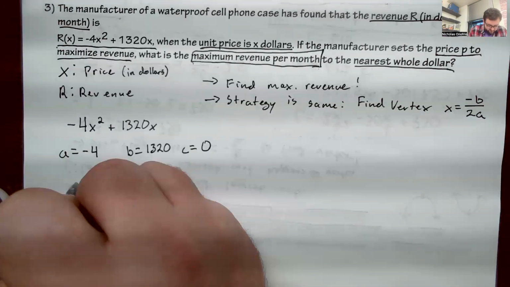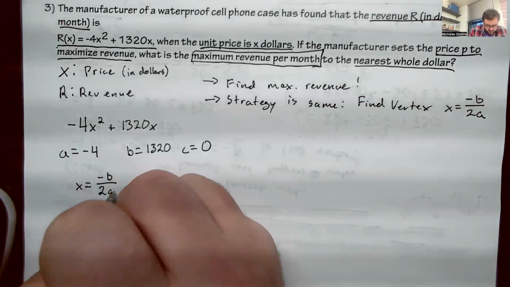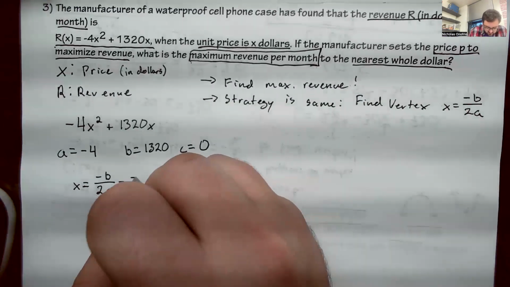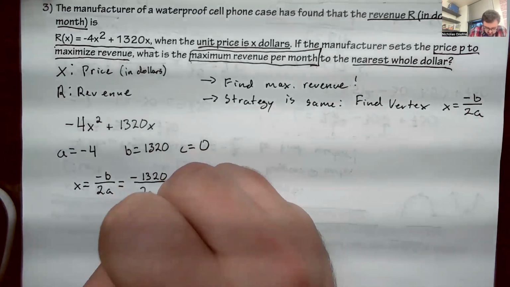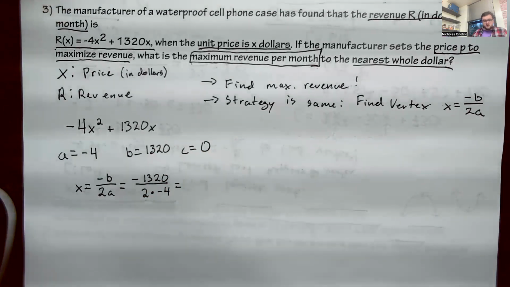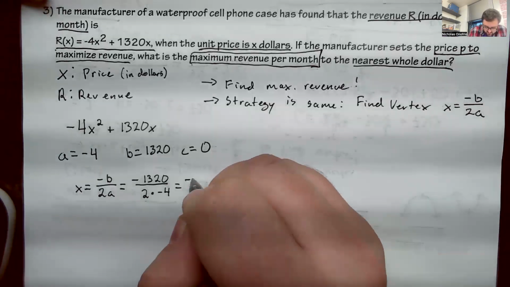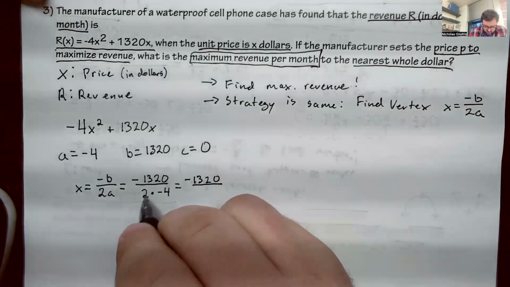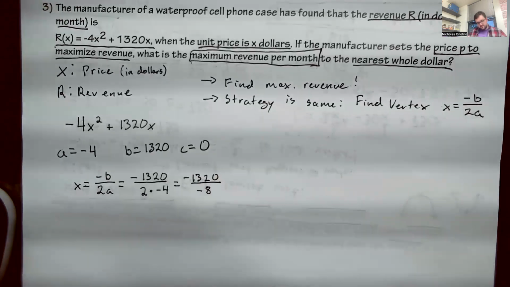Let's look at our formula. X equals negative B over 2A. Plugging in, we're going to get negative 1320 over 2 times negative 4. We don't have anything super complex, so let's not go to the calculator just yet. That negative 1320 can stay on the top. And then 2 times negative 4 is going to give you negative 8.